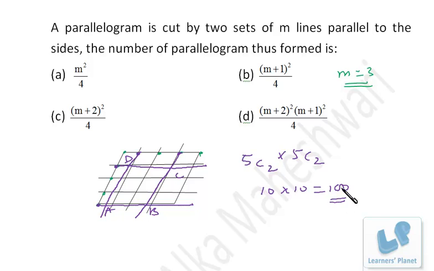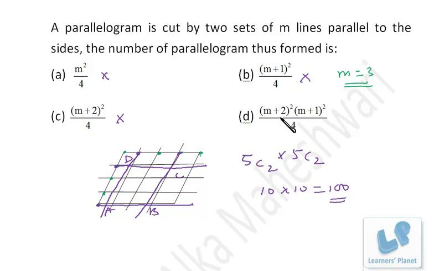Now you can use the options. You just put the value of M in the options, and wherever you are getting the answer as 100, that will be your correct choice. So this is obviously not the correct choice. Here 3 plus 2, 5 square, that is 25 by 4. This is not correct. Similarly 3 plus 1, 4 square by 4. That's also not correct. Obviously this is correct because it is the last option.